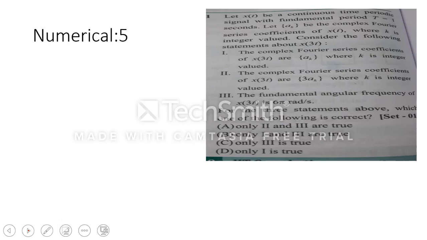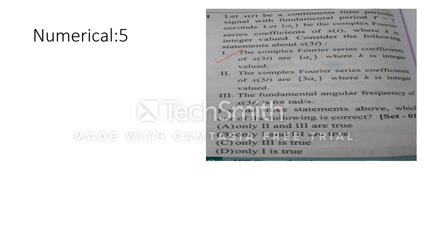Now the next numerical: let x(t) be a continuous time periodic signal with fundamental time period T equal to 1, and ak is the coefficient, and they are saying that x(t) becomes x(3t). The first statement is that the complex Fourier series coefficient of x(3t) will be ak. We just saw that if the signal gets scaled, the coefficient should still remain the same. They are saying in the second option that it is 3ak, so it is not correct, so the first option is correct. In the next case, they are saying the fundamental angular frequency of x(3t) is 6 pi.